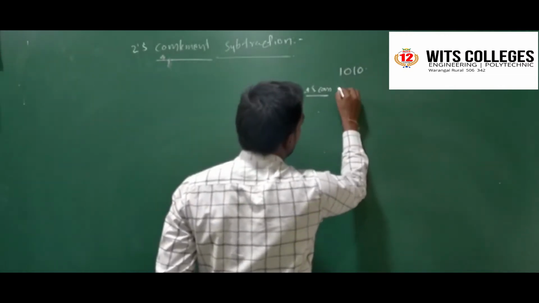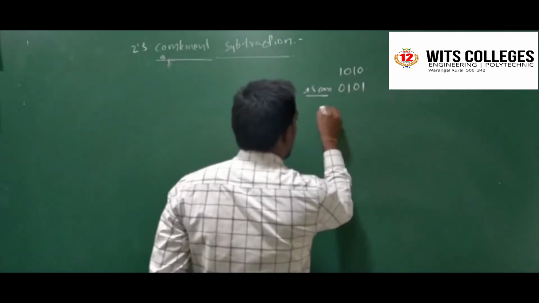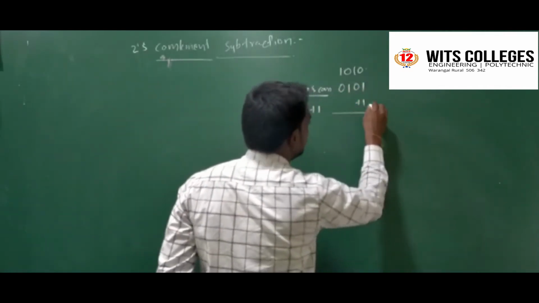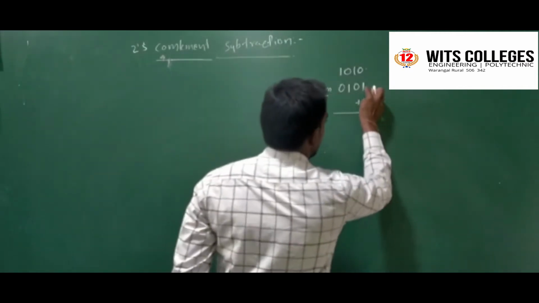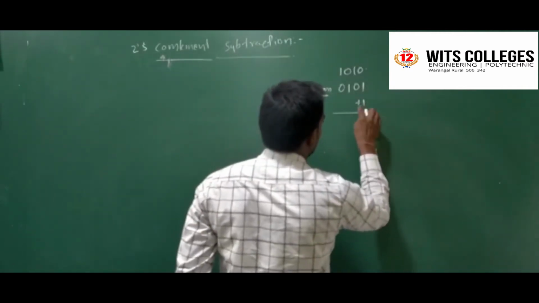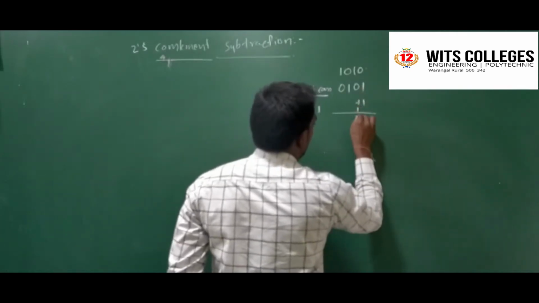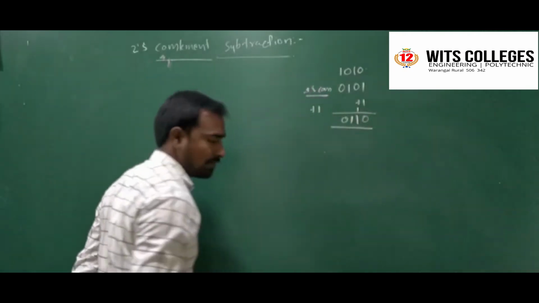Then we will get the resultant value 0101. Adding 1 to the resultant value is called the 2's complement. So 1 plus 1 is equal to 0, carry 1, 1 plus 0 is equal to 1, and here 1 0. So this is the value.